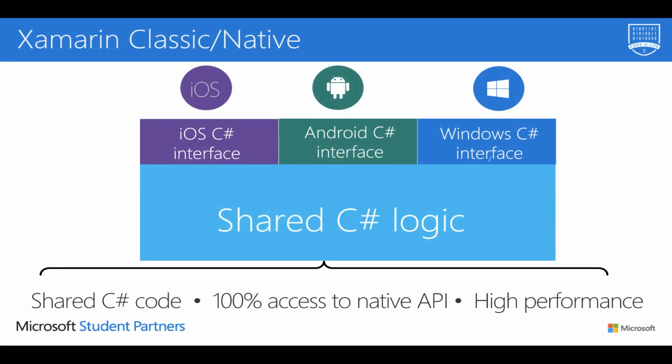And let's talk about Xamarin. So what does it do? You have your native interface: on iOS you have the storyboard, in Android you have the AXML file, or you have the XAML file from Windows. You make your own interface that can behave with the logic behind it in C#.